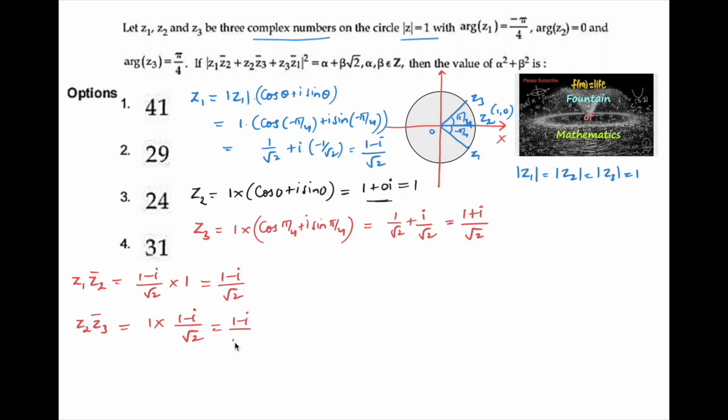So Z2 Z3 bar is 1 minus I divided by root 2. Z3 Z1 bar is 1 plus I whole square divided by 2, which is 1 minus 1 plus 2I divided by 2, which is equal to I.